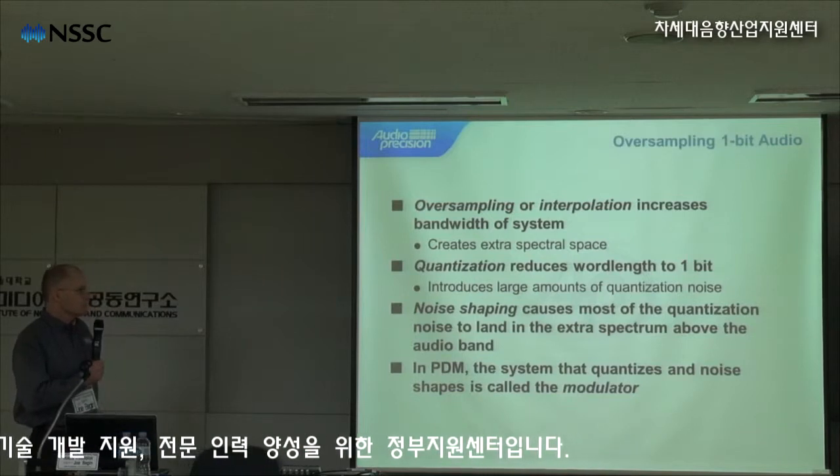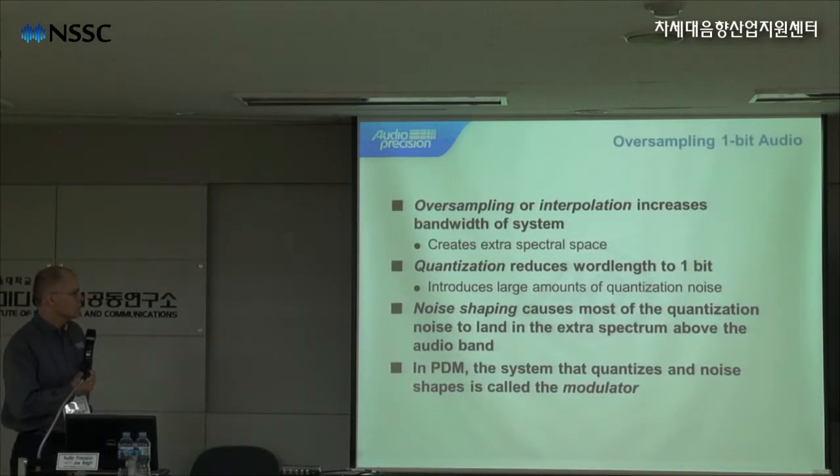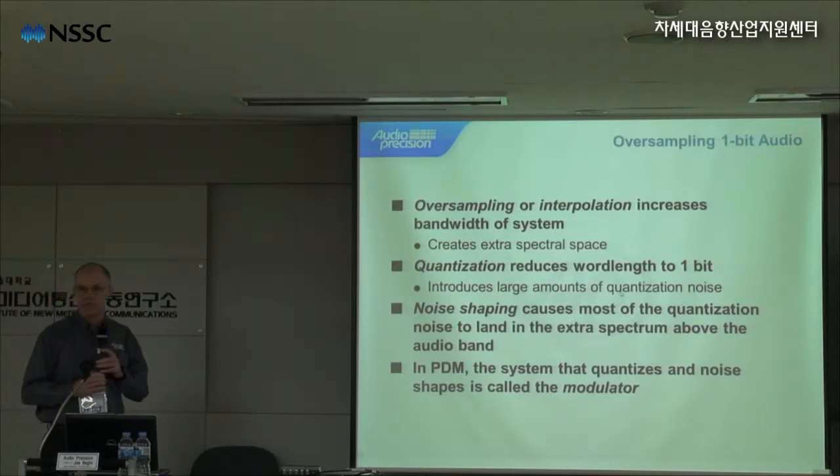Now, oversampling 1-bit audio, the oversampling or interpolation increases the bandwidth of the system, and it creates extra spectral space, extra space in the frequency domain. But quantization reduces the word length to 1 bit, and this introduces large amounts of quantization noise.